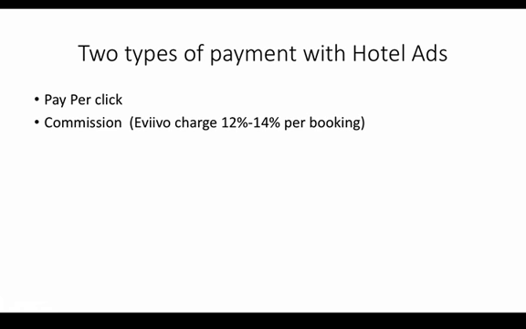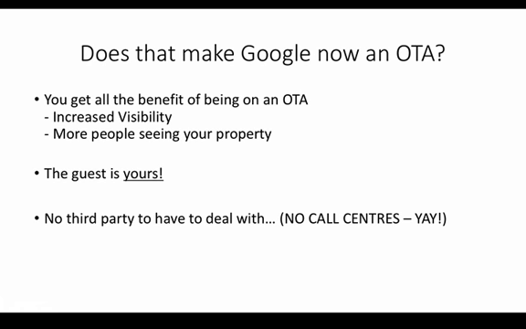So Avivo say they're going to charge between 12 and 14%, depending on who you speak to at Avivo, for every booking that comes in. It doesn't matter how many times someone clicks onto your ad, you will only get charged when a booking is made. A big thing that I've heard this week from chatting to hospitality owners is, does that make Google now an OTA?